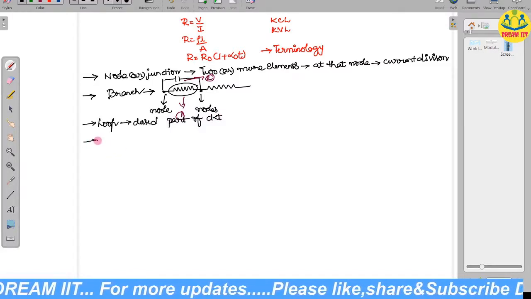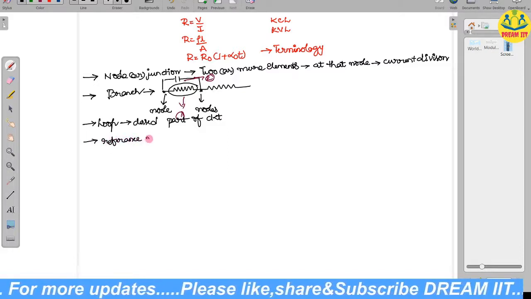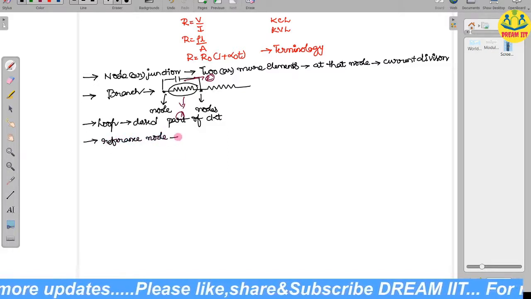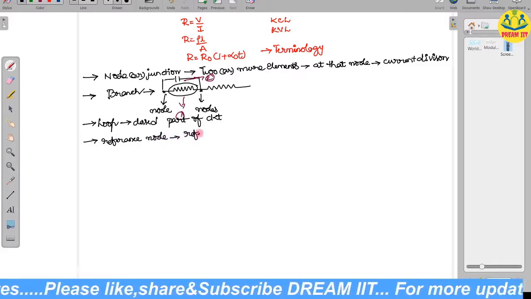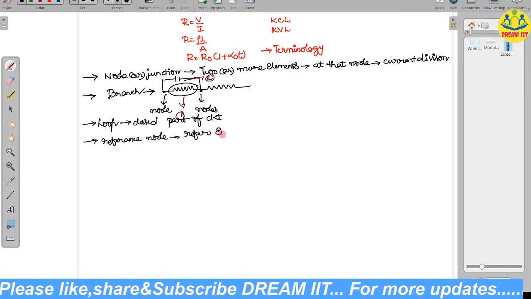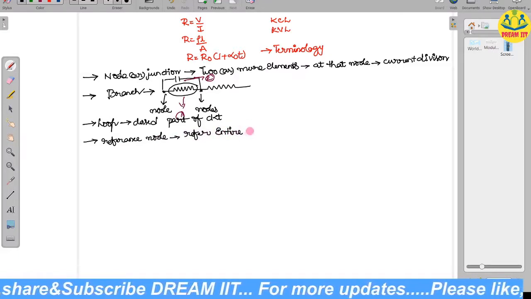And one more thing is a reference node. What is the meaning of the reference node? It is the node which we take as one reference for the entire circuit.